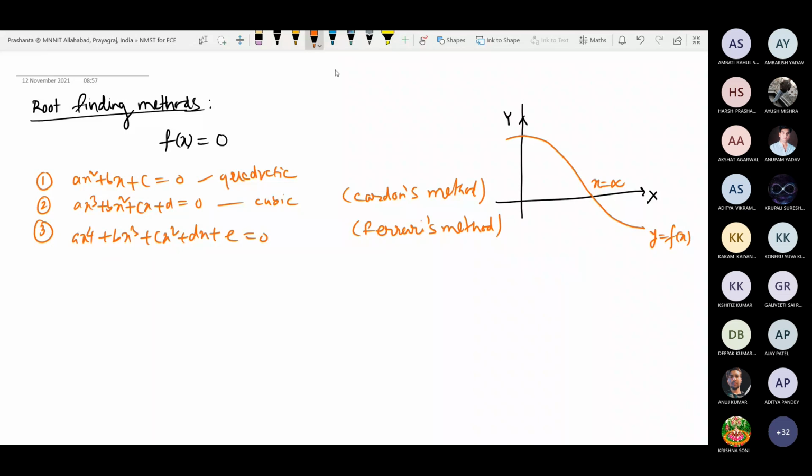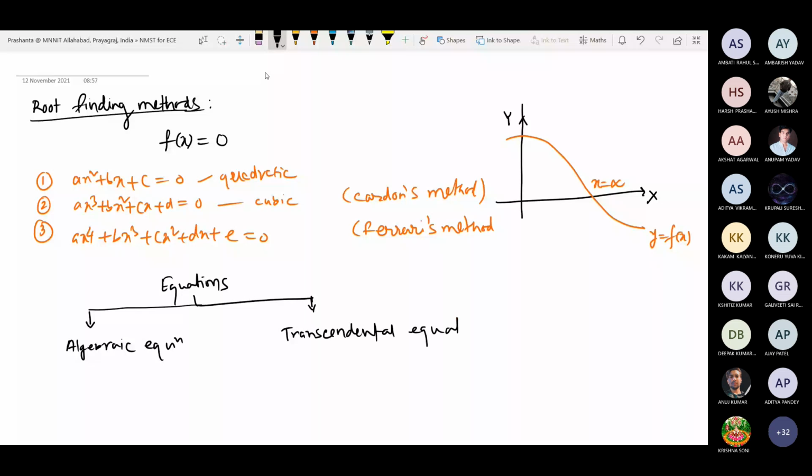The root finding equations are divided into two categories: one is algebraic equation and the other is transcendental equation.